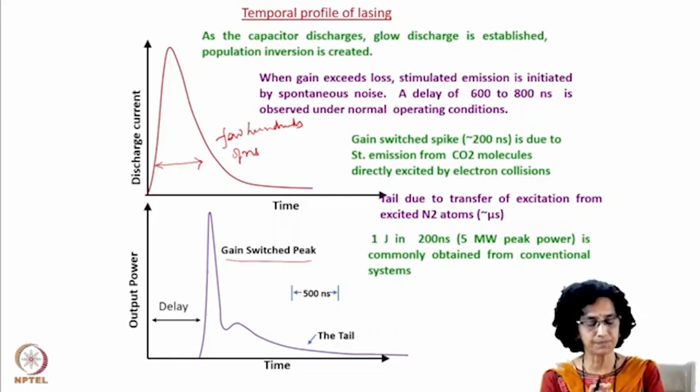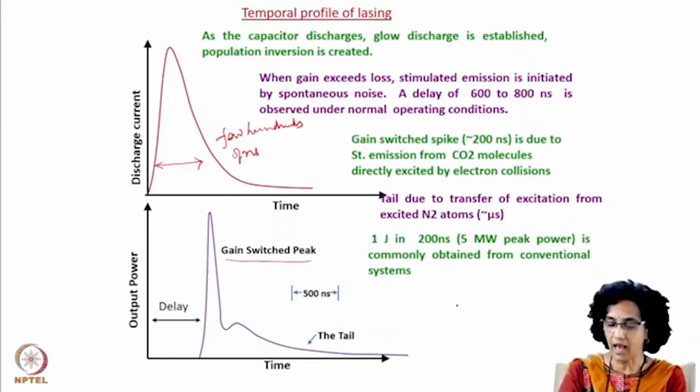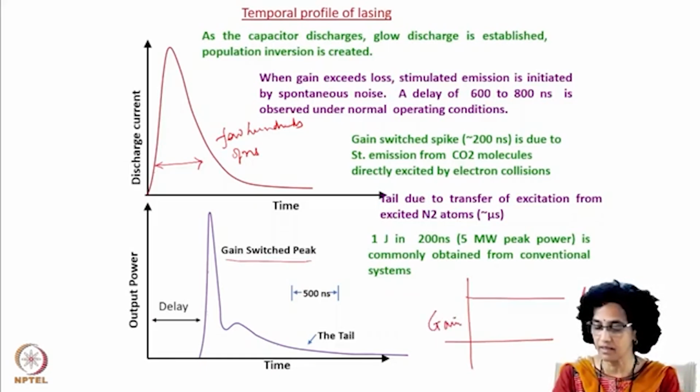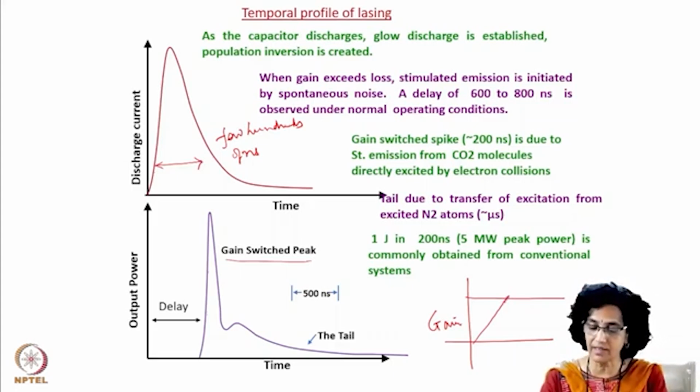The difference from a CW laser is that in the CW laser, as you can see, this is the gain, and suppose this is the loss line. The gain continues to rise, and as it crosses the loss line, that is where your stimulated emission tries to set in, and when it sets in, then the gain is brought back to the loss line because the gain is getting consumed.